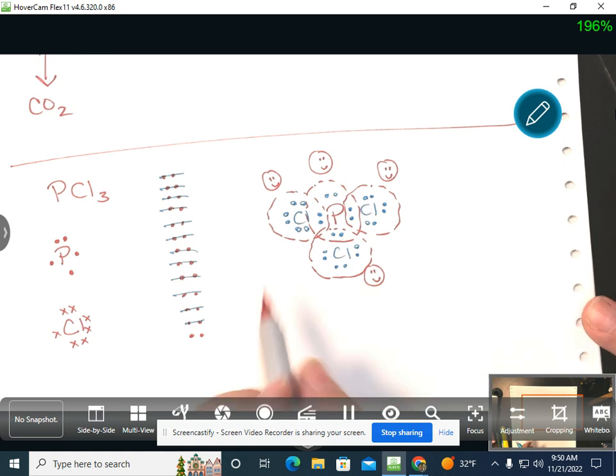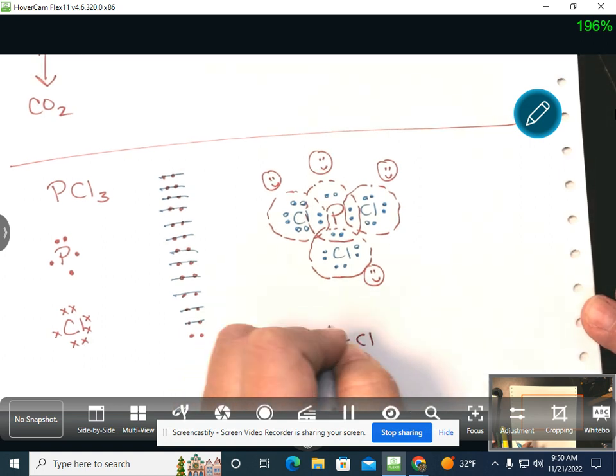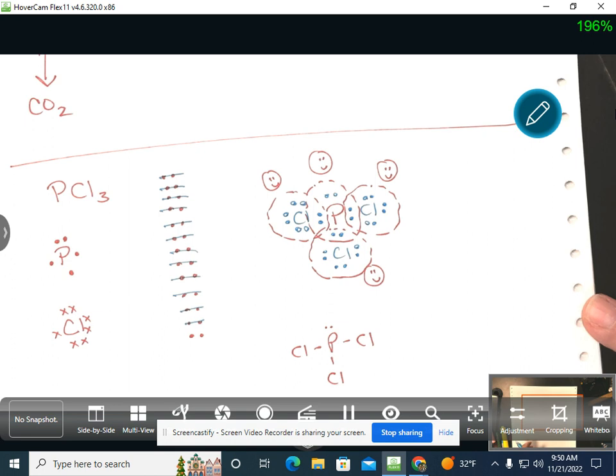Okay? What's the shape of this going to be? Electron geometry is tetrahedral. What's the shape of the molecule? Trigonal. You have to understand the difference between electron geometry and molecular geometry.